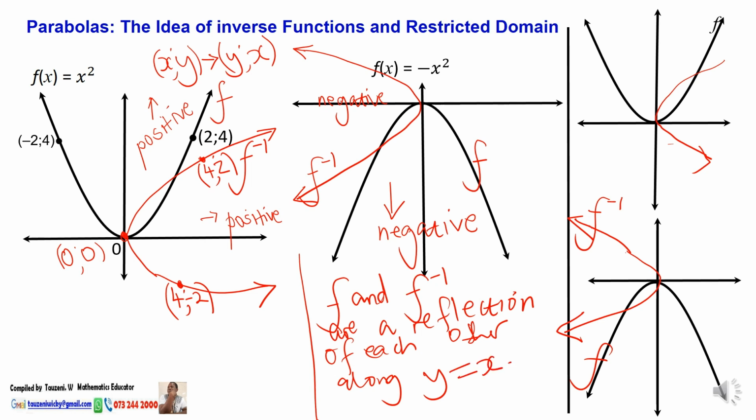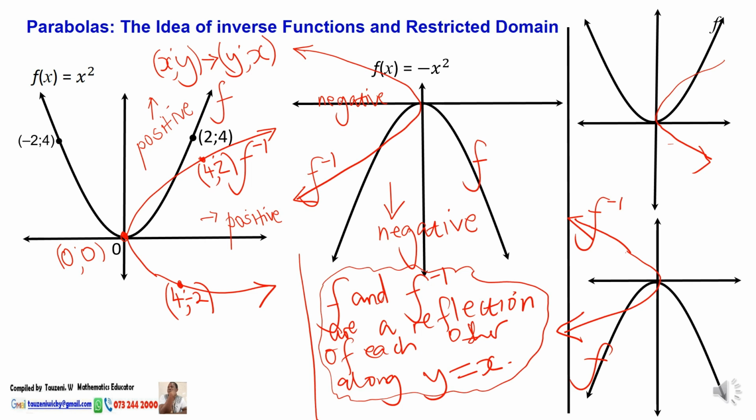If they ask you, this is one important special relationship between a graph and its inverse.